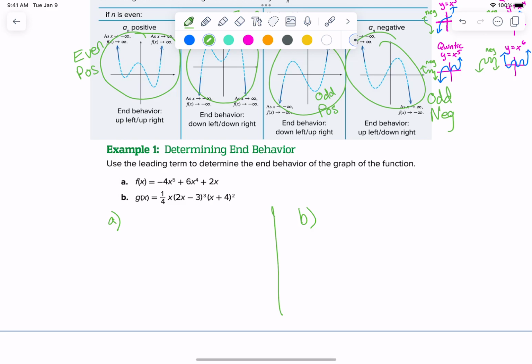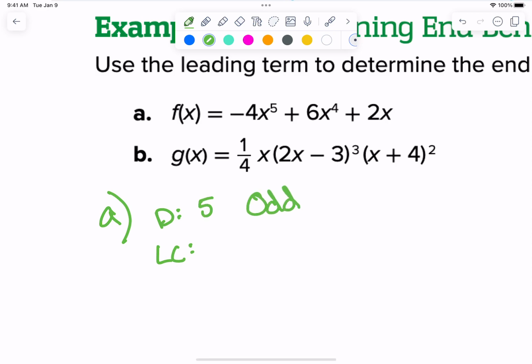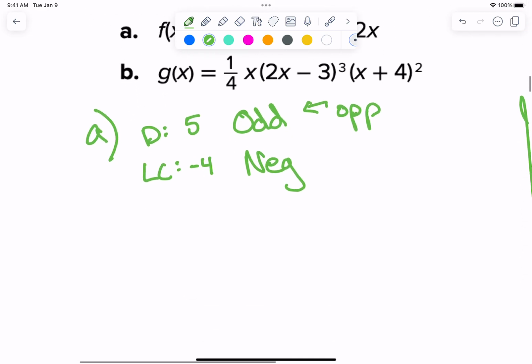Okay, A, the only thing we look at is the degree and the leading coefficient. The degree is 5, so he is an odd function, right? And the leading coefficient is -4, so he is negative. He's odd and he's negative. Odd means opposite, so we're going opposite directions, and negative means we're going downhill.